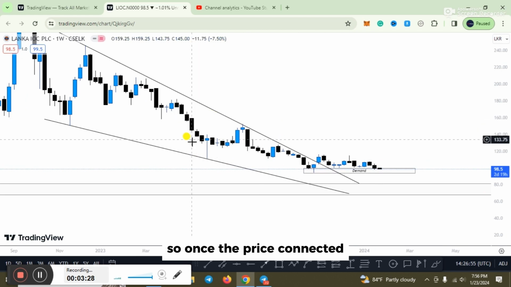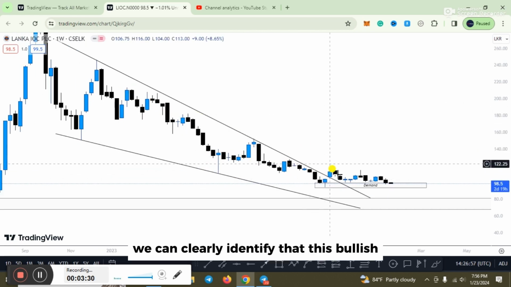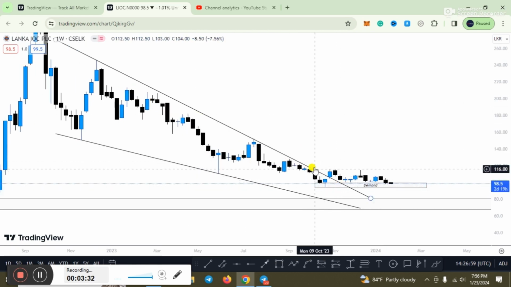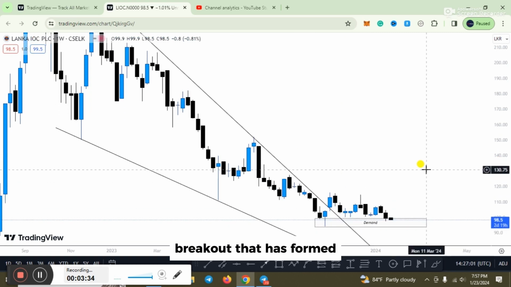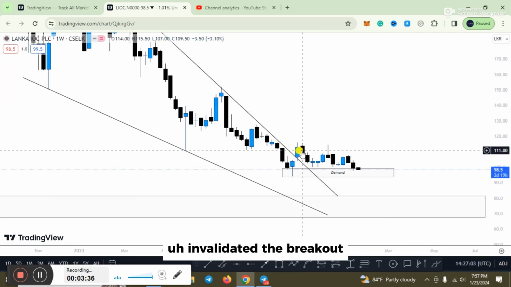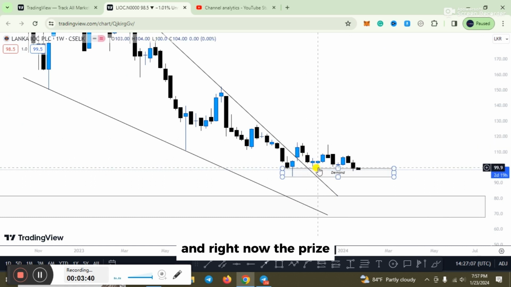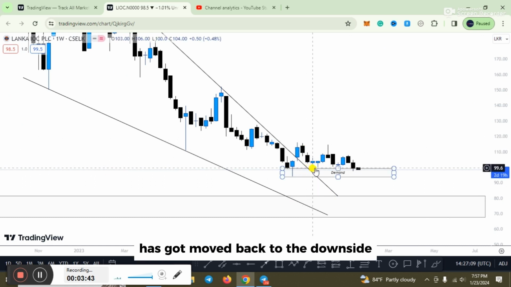Once the price connected, we can clearly identify that this bullish breakout that formed was invalidated, and the price has moved back to the downside.